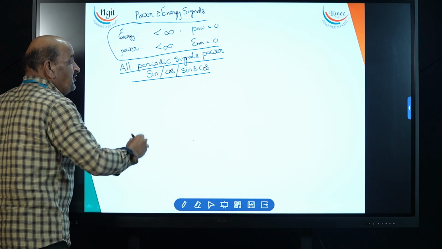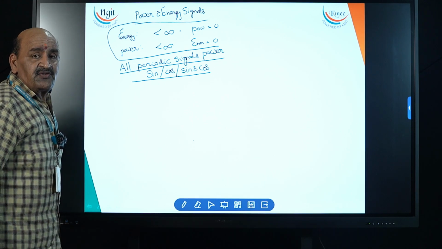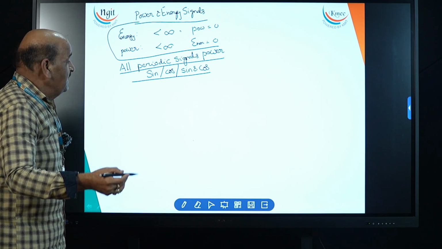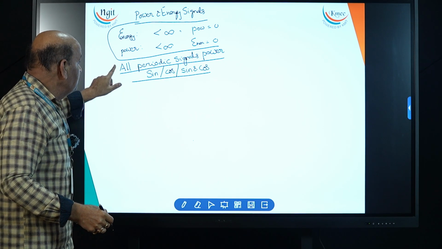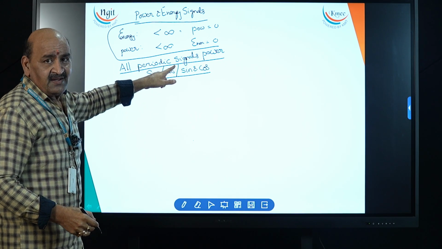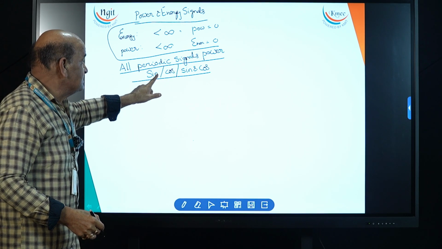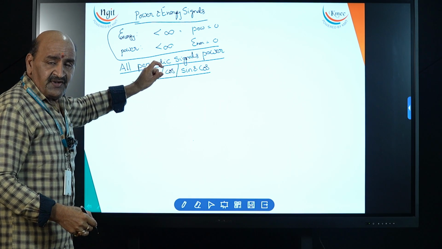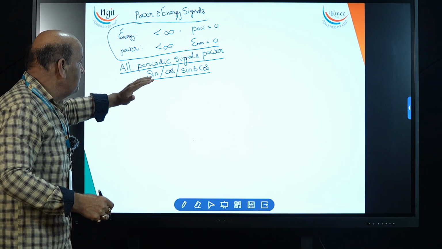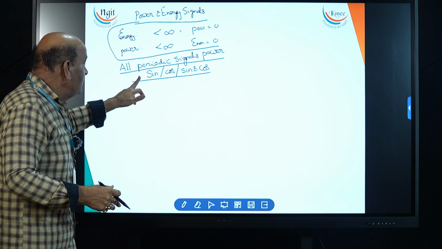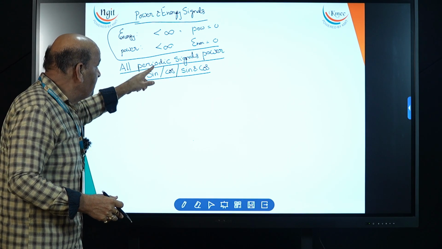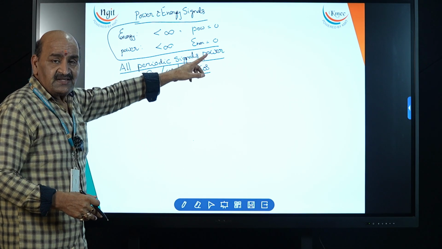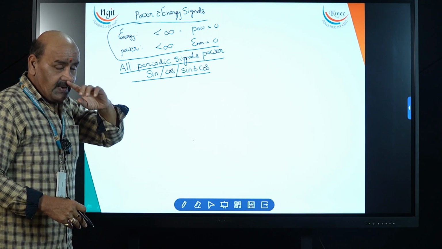If any signal contains the terms of sine or cosine or both, then we call those signals power signals. Whenever we recognize these terms in a given signal, we have to remember that all trigonometric signals are periodic, and all periodic signals are power signals. That's the first important point to remember.